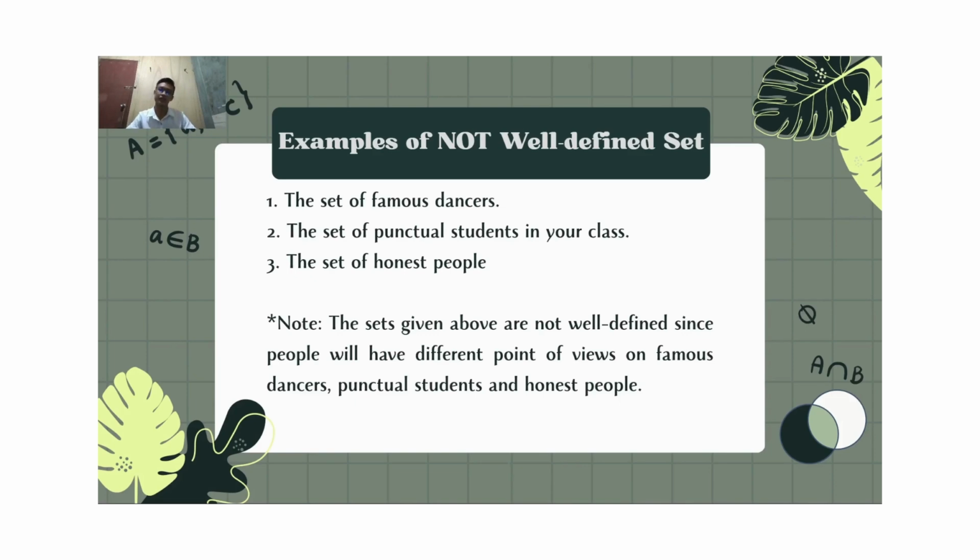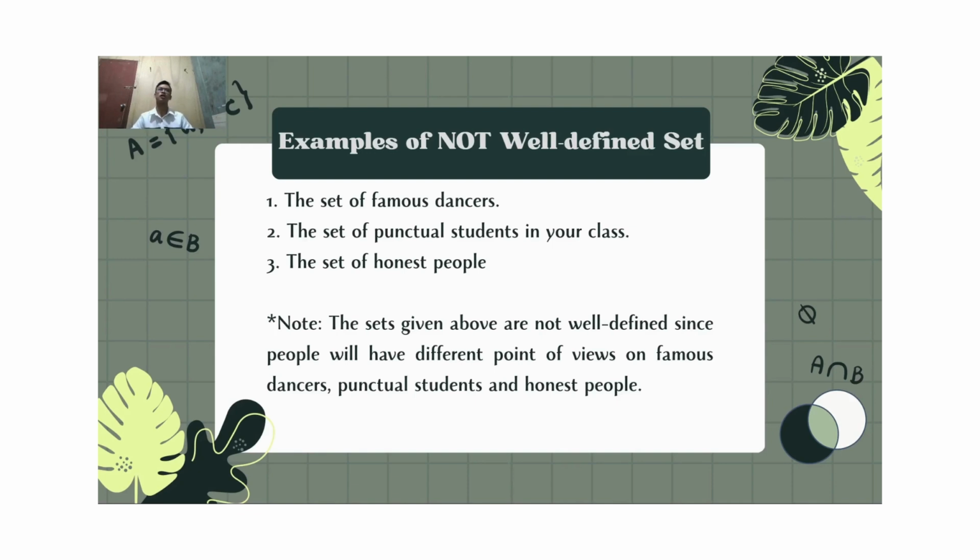Please do take note that the sets given above are not well-defined since people will have different points of view. That's the point. We people will have different points of view on famous dancers, punctual students.